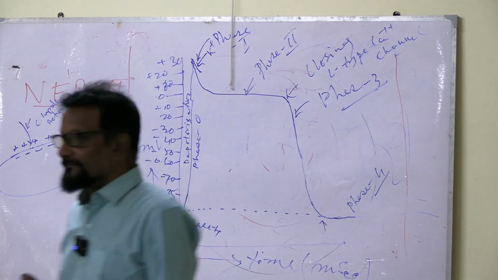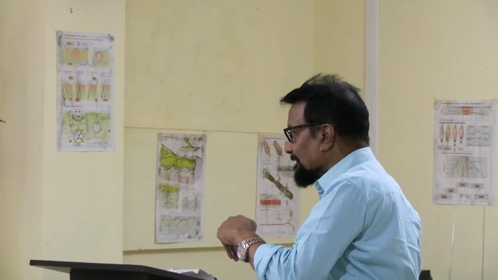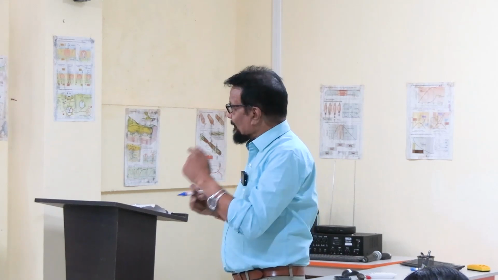Now one thing happened. A lot of calcium or sodium ion has entered. They were outside, and now they are trapped within the cell. A lot of potassium ion came out. Now they have to be reshuffled and go back to their original position.